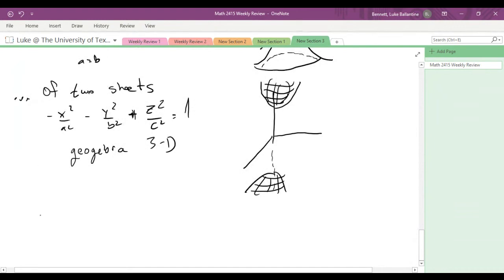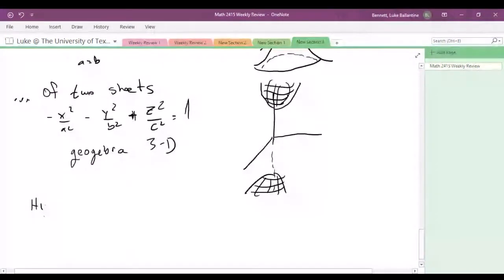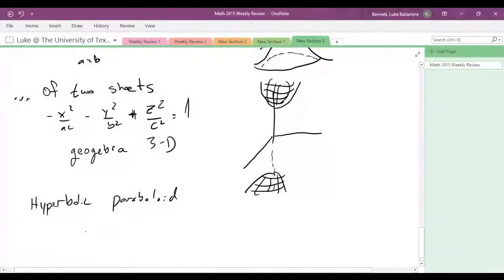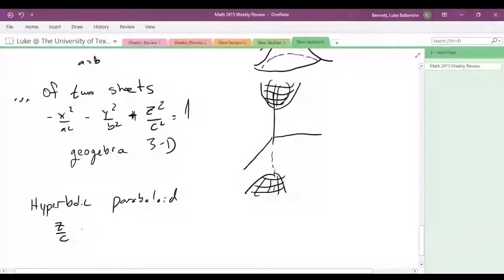And then we got one more. We got hyperbolic paraboloid. And I'm not going to even try to draw this one. The equation would be z over c is equal to x squared over a squared minus y squared over b squared.